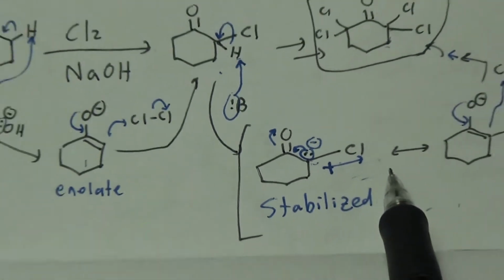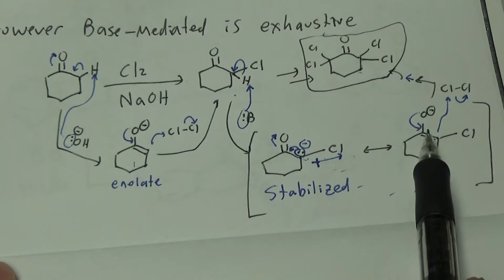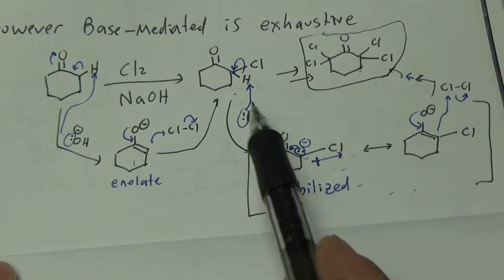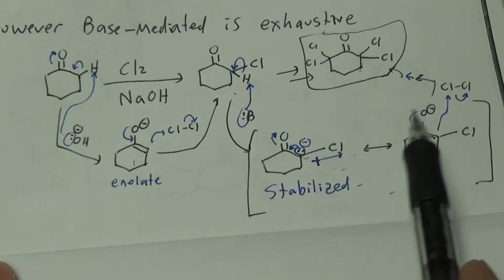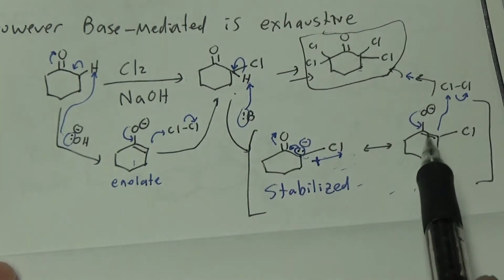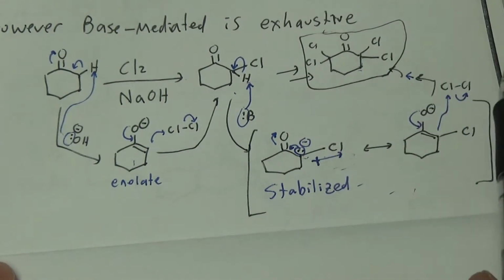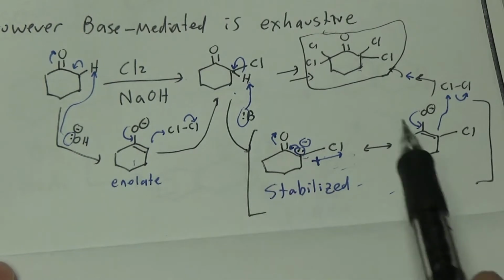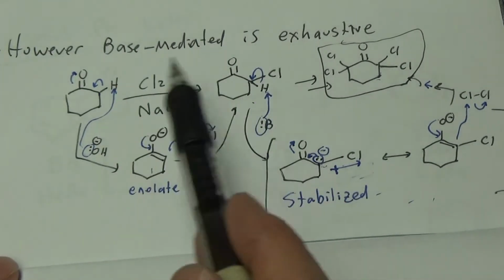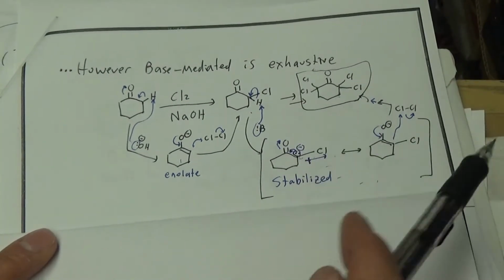It's a stabilized intermediate, and then basically, since it's stabilized, that enolate is ready to go attack again, rather than get stuck at the monochloro. It just keeps going. So first you get monochloro, then after this attacks, you get dichloro, then it attacks the other side, and you get trichloro, then you get tetrachloro. We're not showing all of that, but the main thing though is if you use the base mediated reaction, you get exhaustive halogenation.